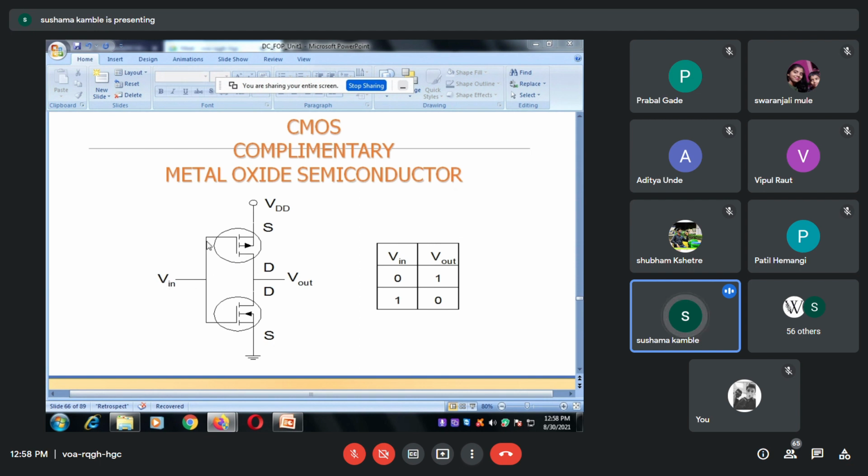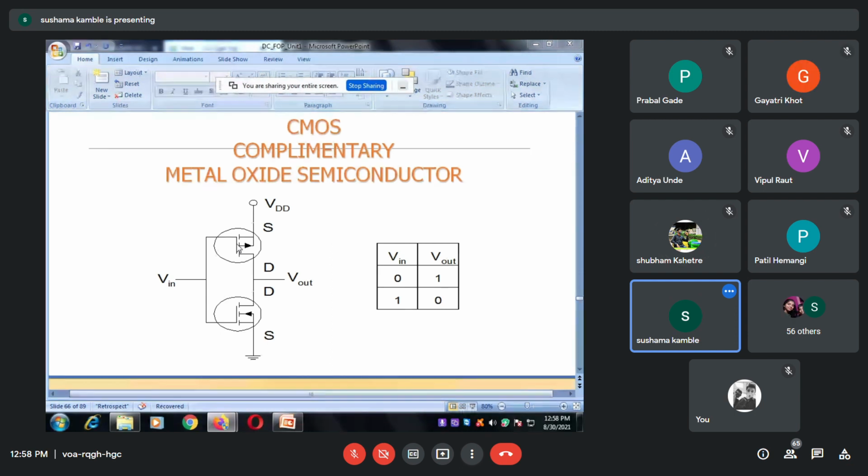You are giving 1 to the gate. We are applying same input to both MOS. What about PMOS? Whether it will be on or off?